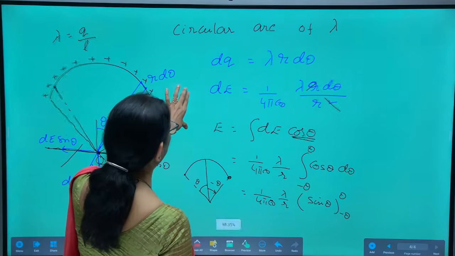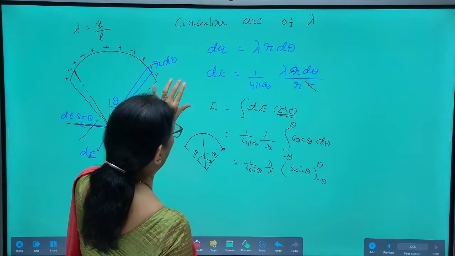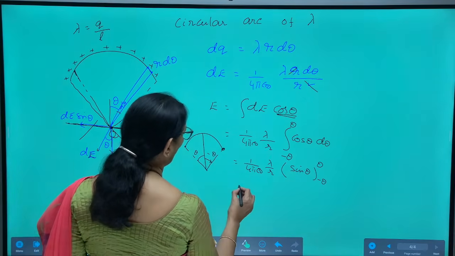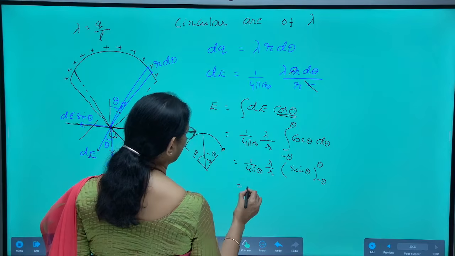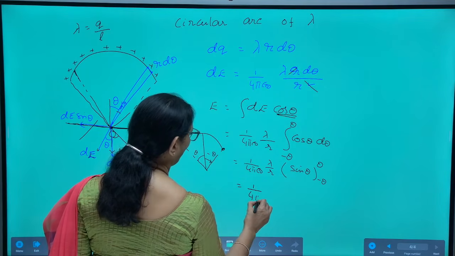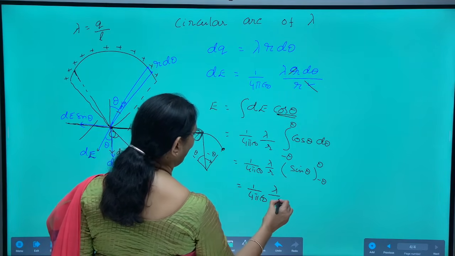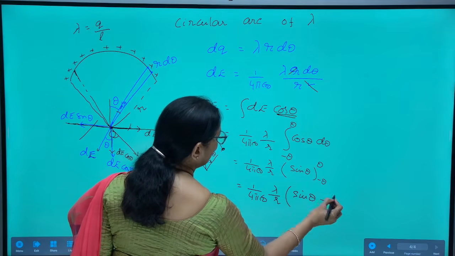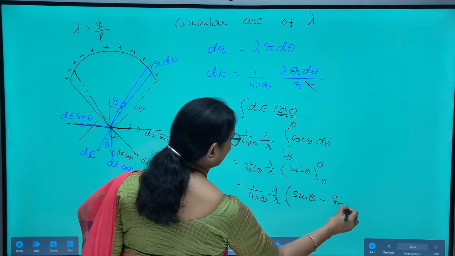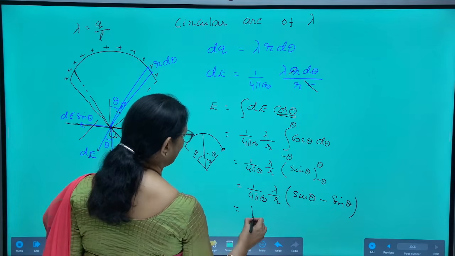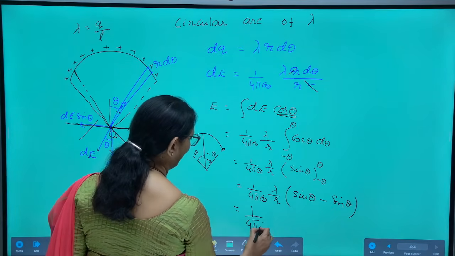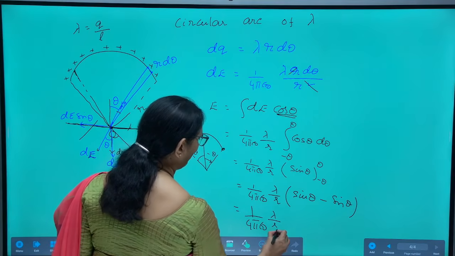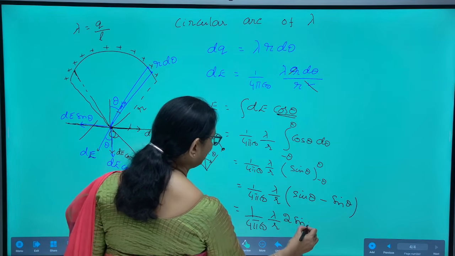If you substitute the limits, let us see what we get here. This is equal to 1 by 4 pi epsilon naught lambda by r into sin theta minus of minus sin theta. So, this is 1 by 4 pi epsilon naught lambda by r into 2 sin theta.